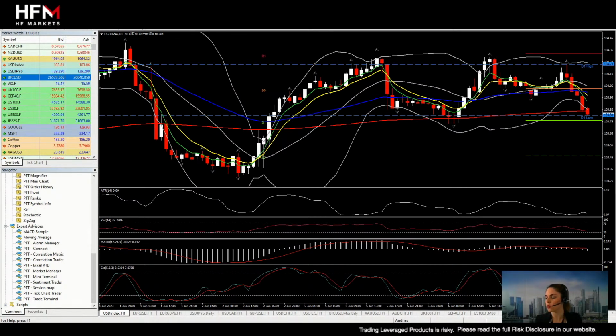Now, in regards to the US data and the dollar index today, it's all about the Bank of Canada rate decision. This is where most of the attention is, because there are some concerns that the Bank of Canada could do the unexpected and surprise, something that the RBA did as well yesterday.